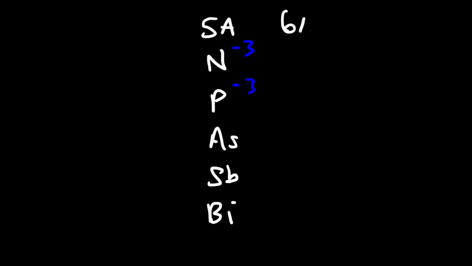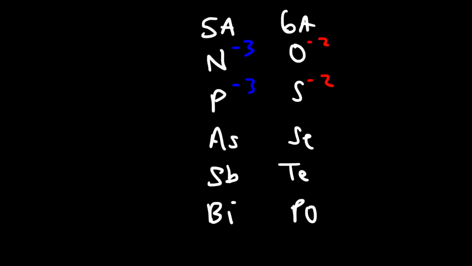In group 6A, you have elements like oxygen, sulfur, selenium, Te, tellurium, and then Po. These elements like to form negative 2 charges. They're known as the chalcogens. And then in group 7A, you have the halogens, like fluorine, chlorine, bromine, and iodine. They like to form negative 1 charges.